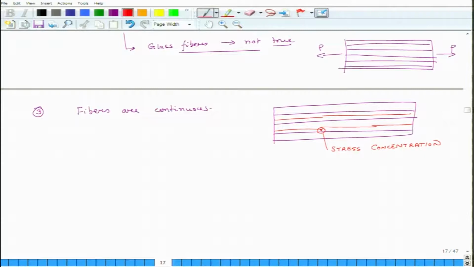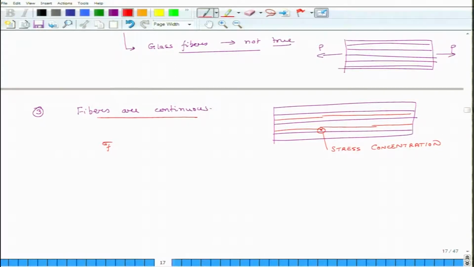What you predict theoretically is sigma f, the stress in the fiber, which you can compute based on all the discussion which we had, but that is a theoretical prediction assuming that fibers are continuous. But the actual stress, especially at their end points, will be much higher than the theoretically computed stress.